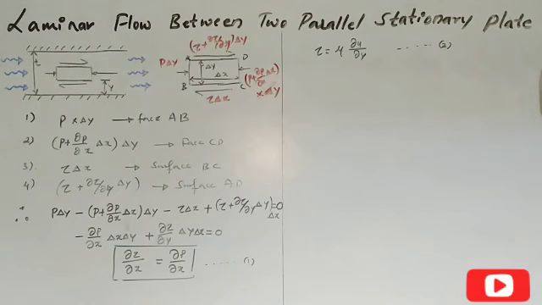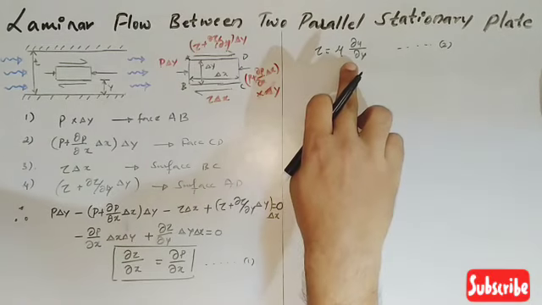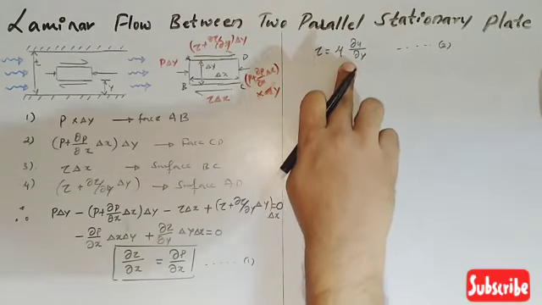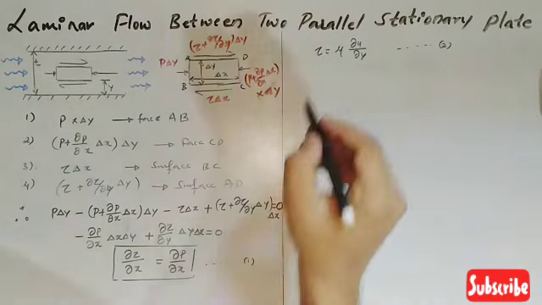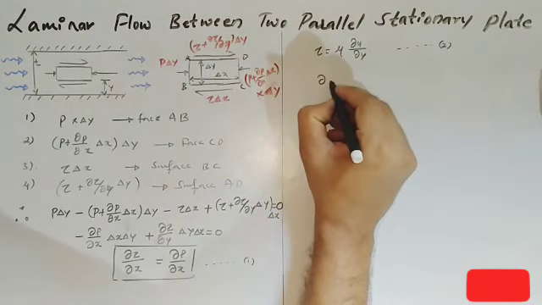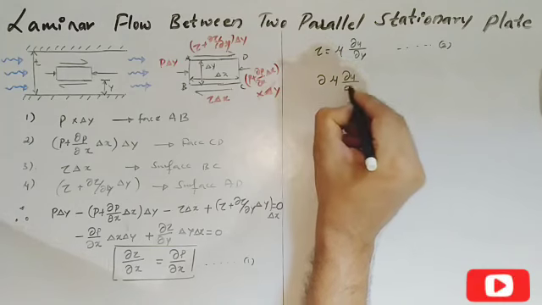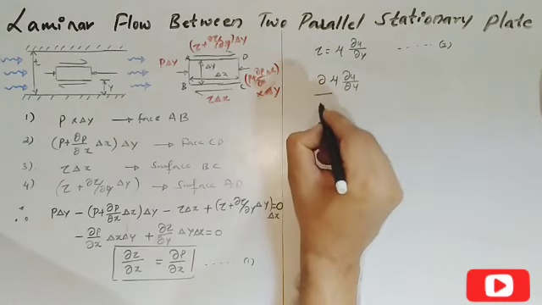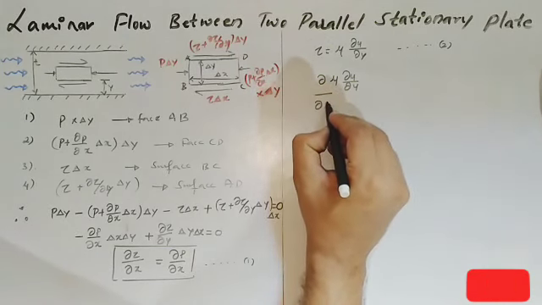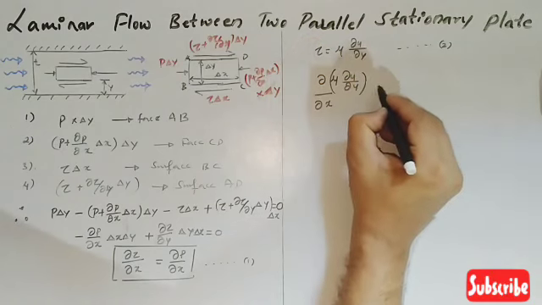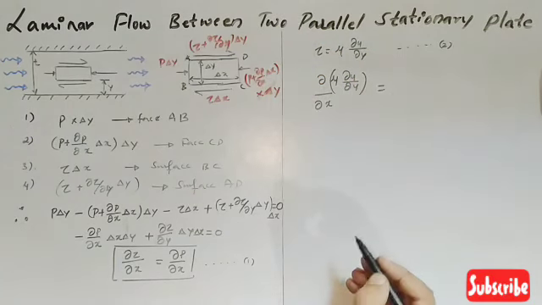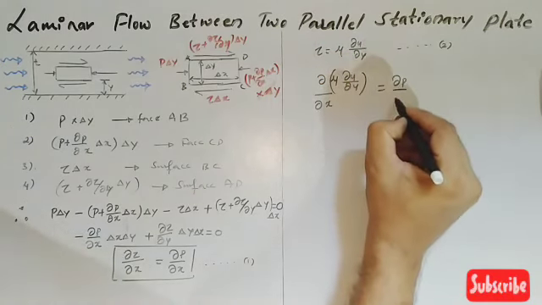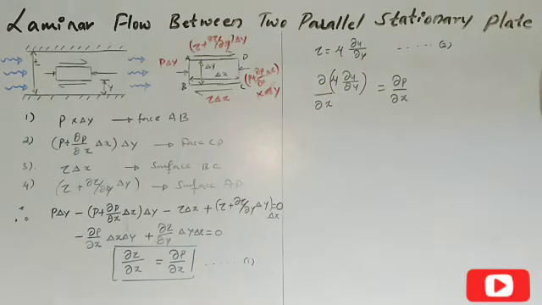To obtain the velocity distribution, let us substitute the shear stress value in equation 1. So that will be ∂(μ ∂u/∂y)/∂x equals ∂p/∂x.